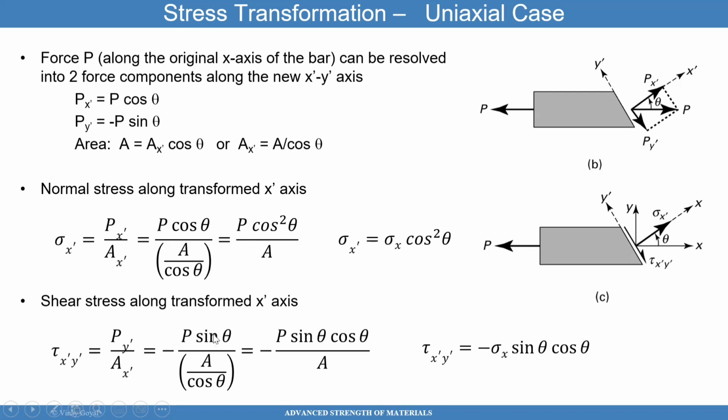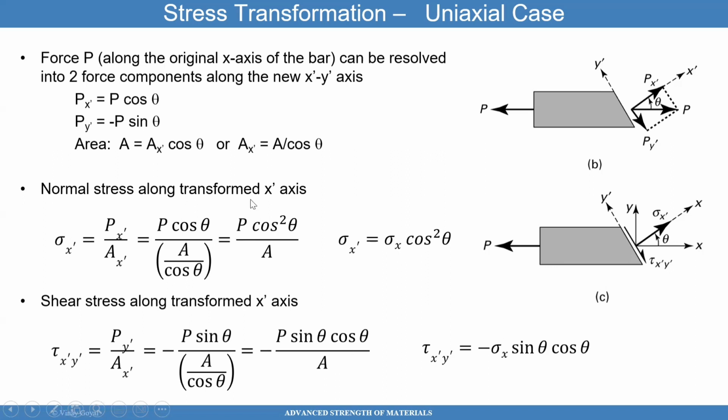So then I have P sine theta divided by the slightly larger area, which is A divided by cosine theta. And then you get that this is equal to minus P sine theta cosine theta divided by area. P divided by A is again sigma x. So I get minus sigma x sine theta cosine theta.